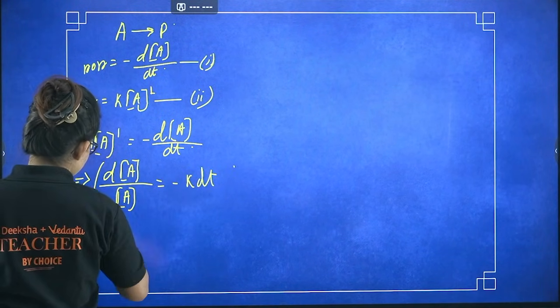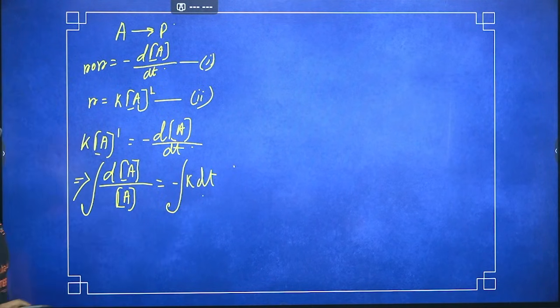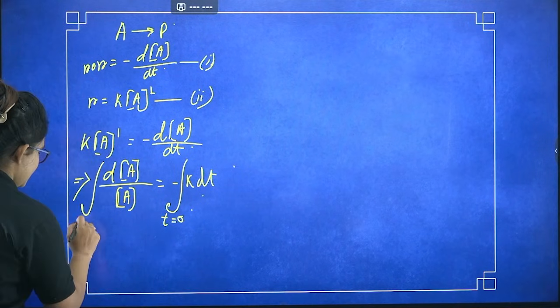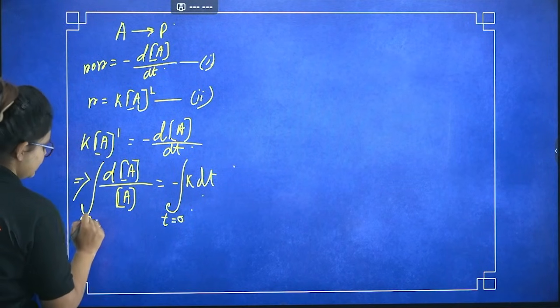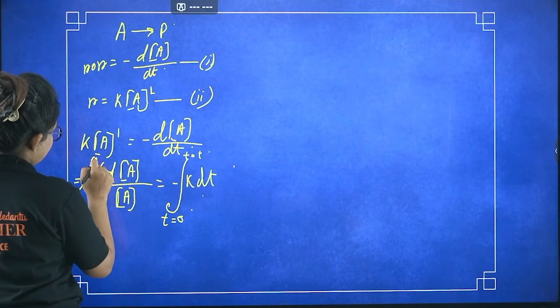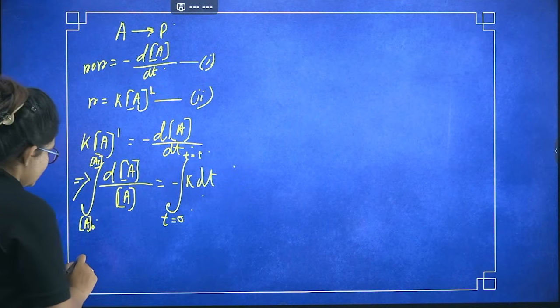Now we will do integration. While integrating we will put the limits here. When t equals 0, A is A0, right? When t equals t, any random time, A equals At. This is how you put the limits.